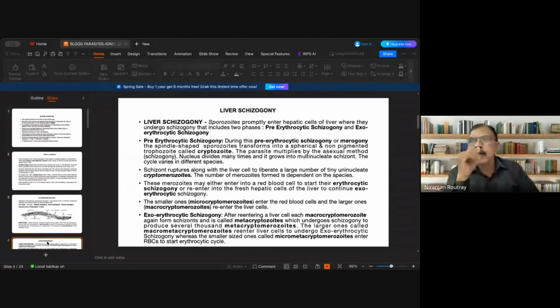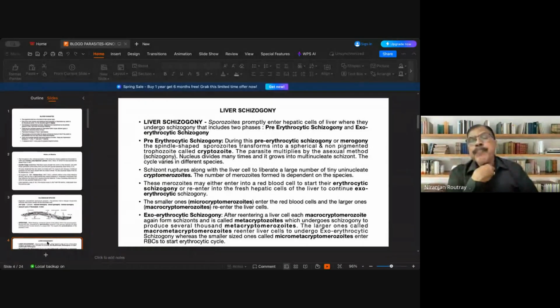exoerythrocytic schizogony. Remember, the number of times they continue a particular cycle is aimed at increasing their number, but only to a certain limit, because they know that if there is a greater load of this pathogen, it will result in fatality of the host, and if the host dies, they will also die.